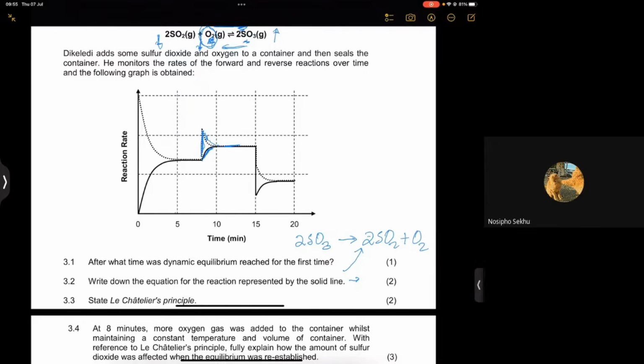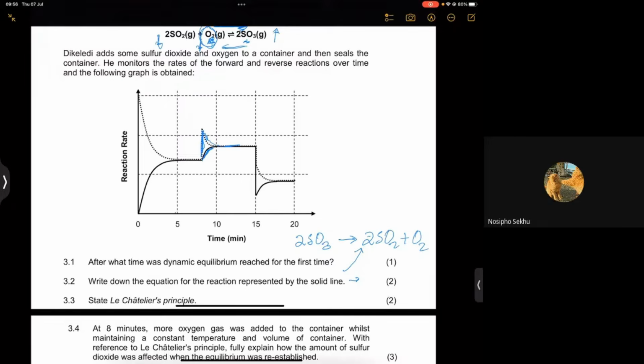Can you see it's that solid line there? It had a very, very sharp decrease. And I want you to note, when we decrease temperature, it's the one that depends on temperature the most that will be affected. So the reverse reaction, the solid line, is actually the endothermic reaction.